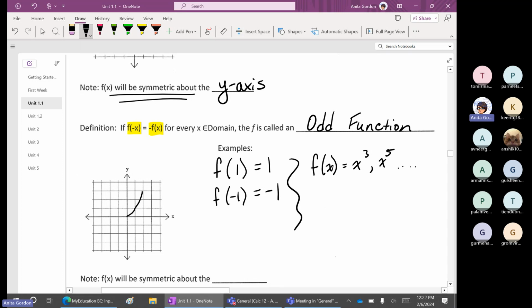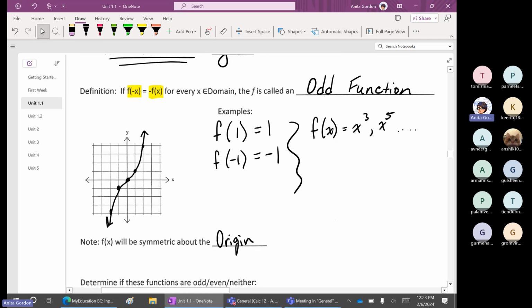Okay, so here we have symmetry, but it's kind of like a reflection. Let me see if I can draw this graph without making it look ugly. Okay, and here the reflection occurs about the y equals x. Or you can think of it, the origin, sorry, not the y equals x, about the origin. So they're on opposite sides essentially.